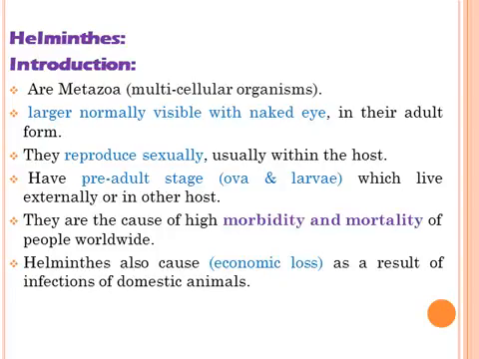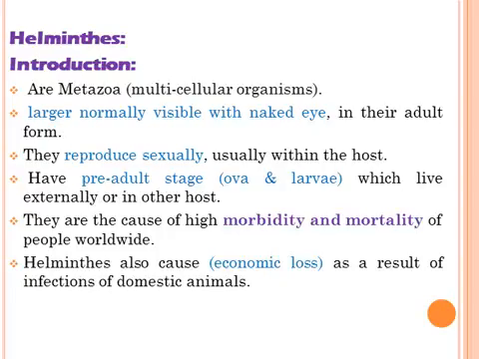So the adult worm, meaning the mature worm, multiplies bisexually. So there is a male and female reproductive system. That means the adult worm produces ova and sperm and then multiplies bisexually, producing the second stage, which is the ova.